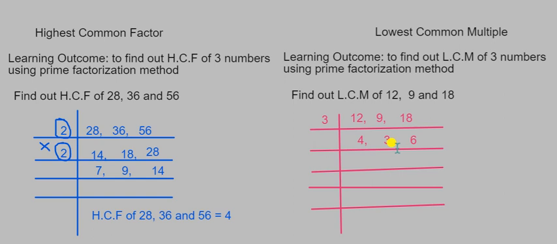As they both are divisible by digit 2, we will write 2 as a factor over here. 4 divided by 2 will give us 2. 3 will move down as it is because it is not divisible by 2. So there won't be a change in the digit 3. We will write 3 as it is. 6 divided by 2 will give us 3.